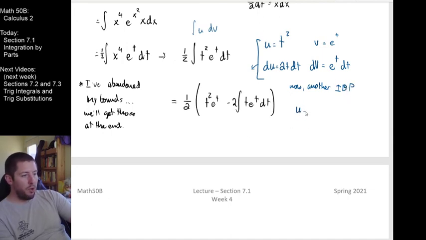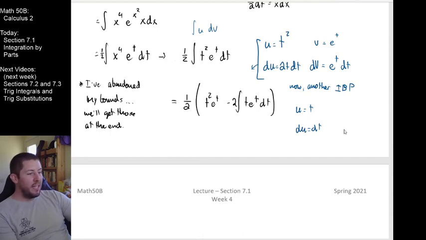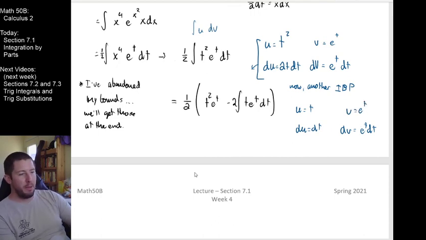So I'm going to pick u to be t, which gives me du as dt. That's like the key to the whole thing right there, right? We're taking a component that was in the integrand, and it's just giving us the differential term now. That's good. dv is going to be e to the t dt again, because that just means leave the e to the t alone. It just survives. It continues to be there.